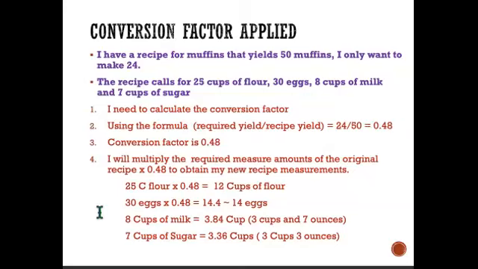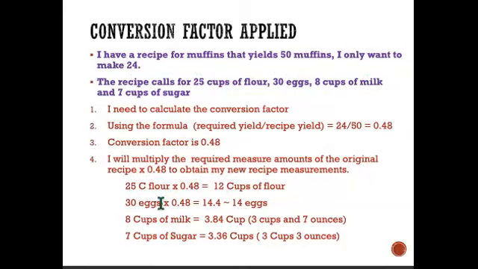Then the ingredients that I have here, 25 cups of flour, 30 eggs, 8 cups of milk, and 7 cups of sugar, I will have to multiply by 0.48. So in the example of the flour, 25 cups of flour times 0.48 gives me 12 cups of flour.